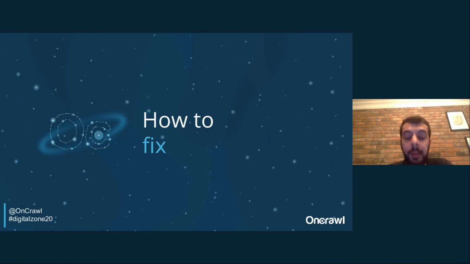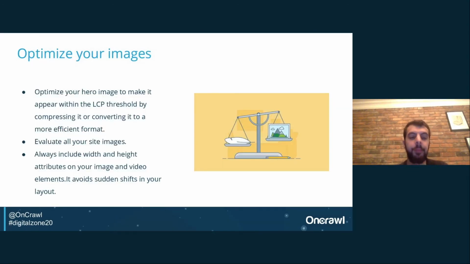So, last part: how to fix. The first thing would be to optimize your images. Most of the time, websites have a hero image, and it could be not optimized.